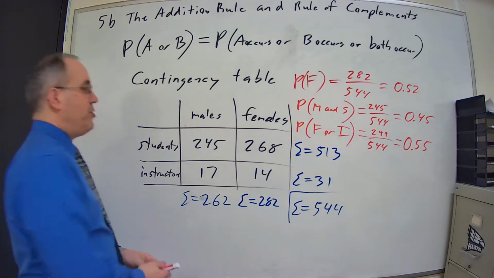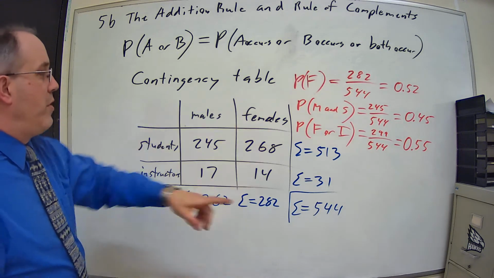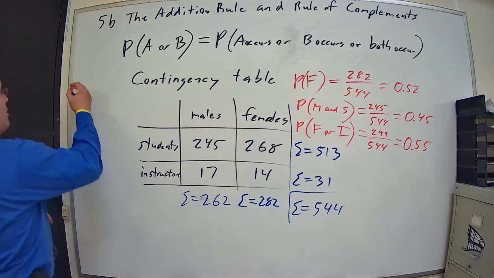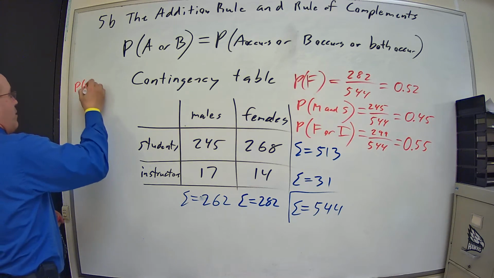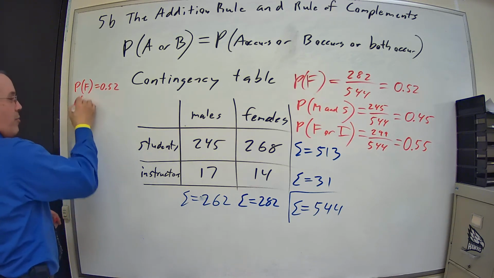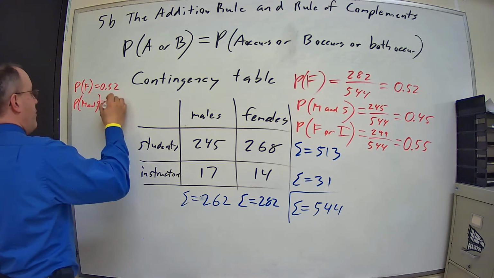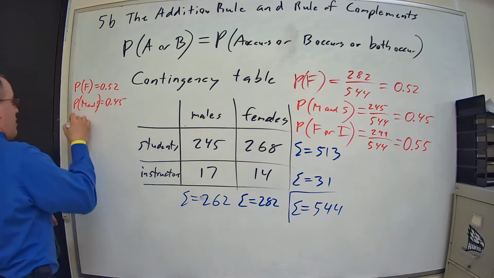Okay, and what I'm going to do is move those over here, just to give myself some space. So, probability of female was about 0.52. Probability of male and student was 0.45.